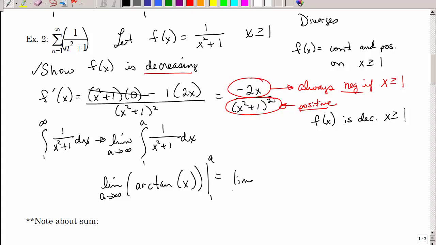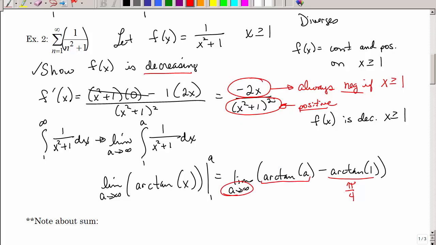So I'd have the limit as a approaches infinity of the arctan of a minus the arctan of 1. Okay, so we have to know what that is. What angle gives you a tangent value of positive 1? Do you know that? You should. That's pi over 4.